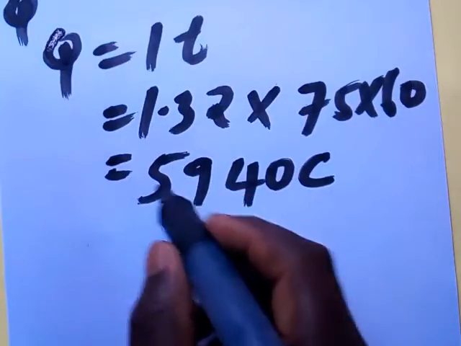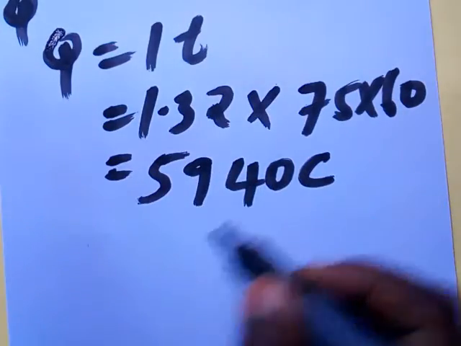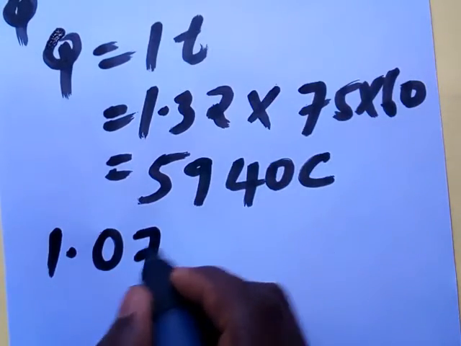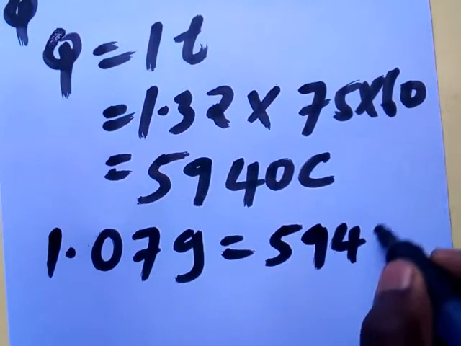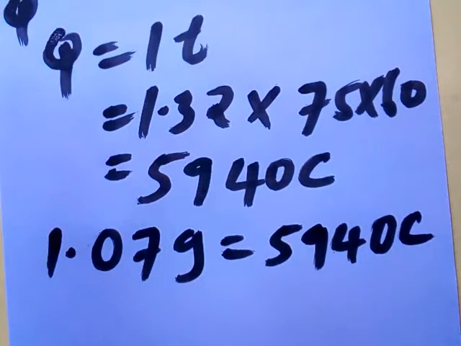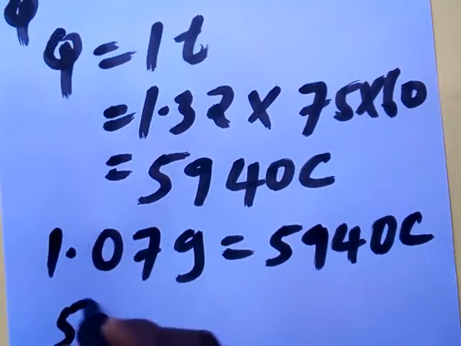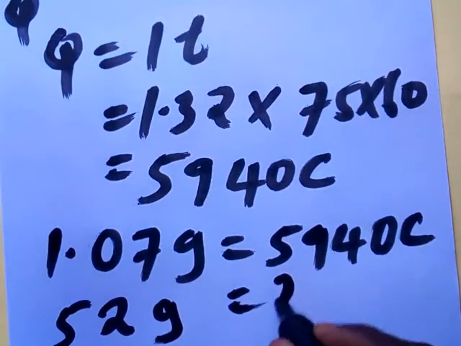So we know the mass that this quantity of electricity produced. The amount was 1.07 grams, produced by 5940 coulombs. So we would want to know the quantity of electricity for 52, which is the RAM, for 1 mole. What will it produce?